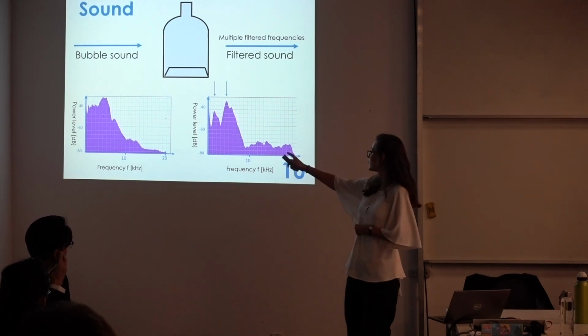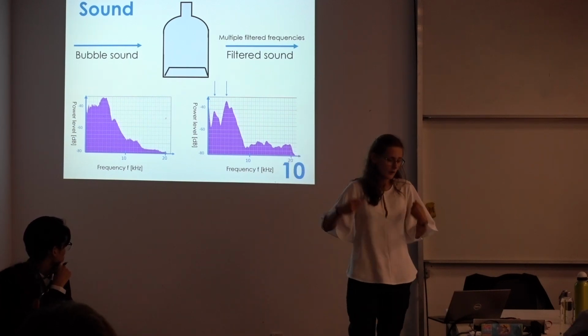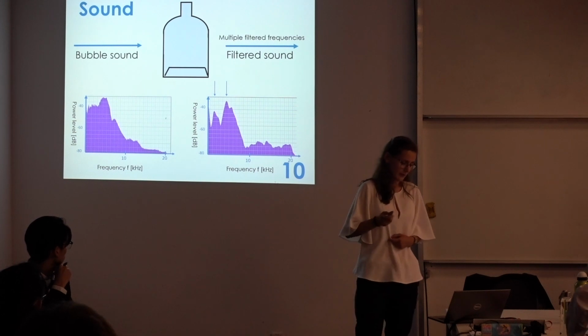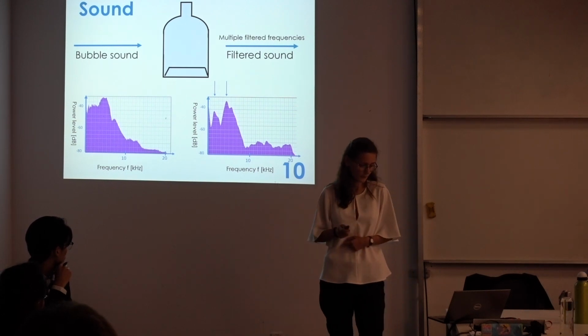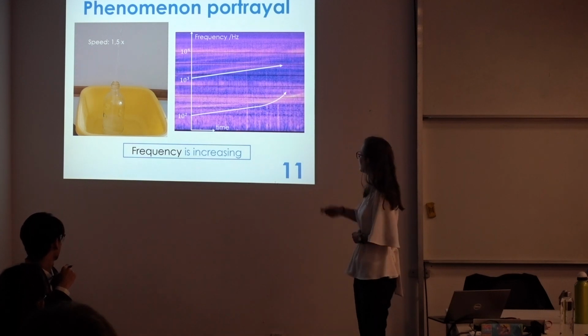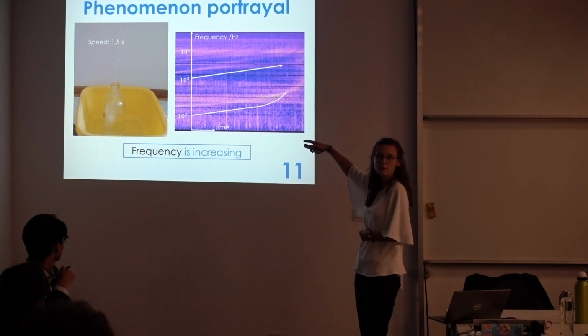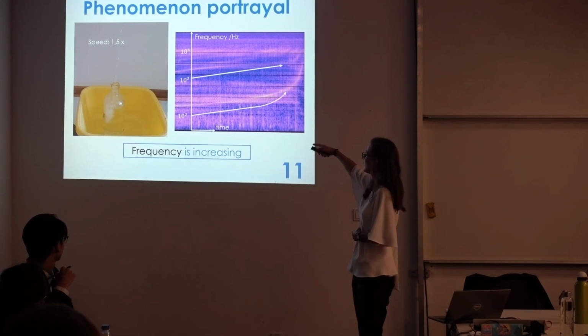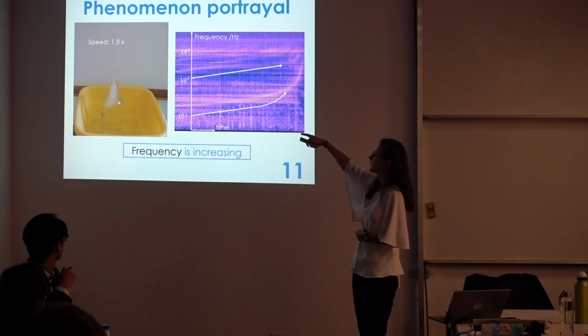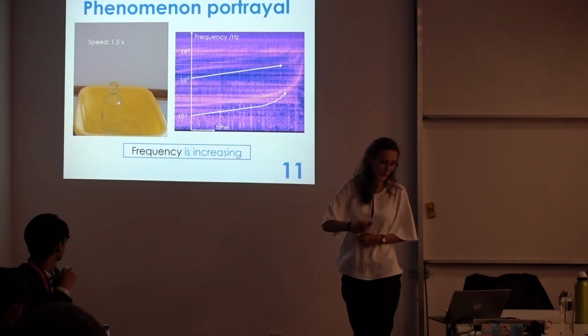As you can see on the spectrogram, some frequencies get enhanced and some of them are lower in intensity. Here you can see a bottle being filled up and a spectrogram which is evolving in time, and the lighter the color, the higher the amplitude, and you can see more lines that are increasing in time.